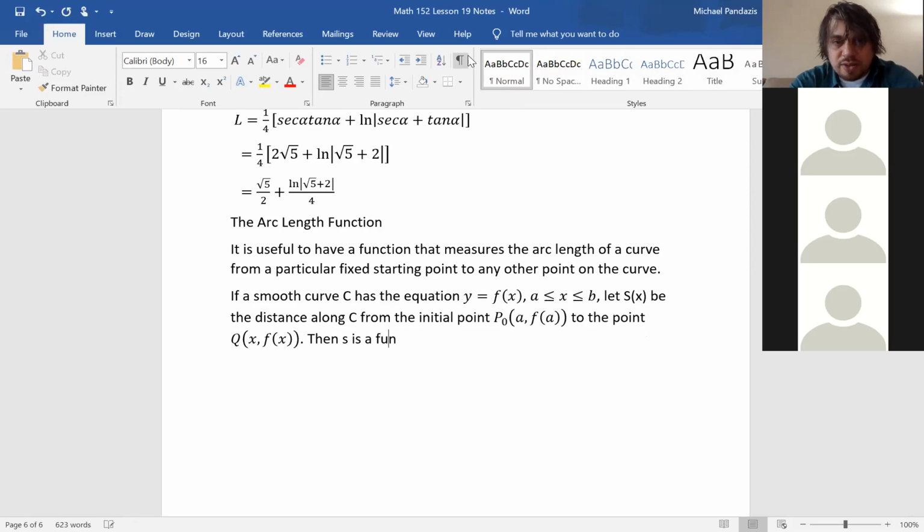Then S is a function called the arc length function.